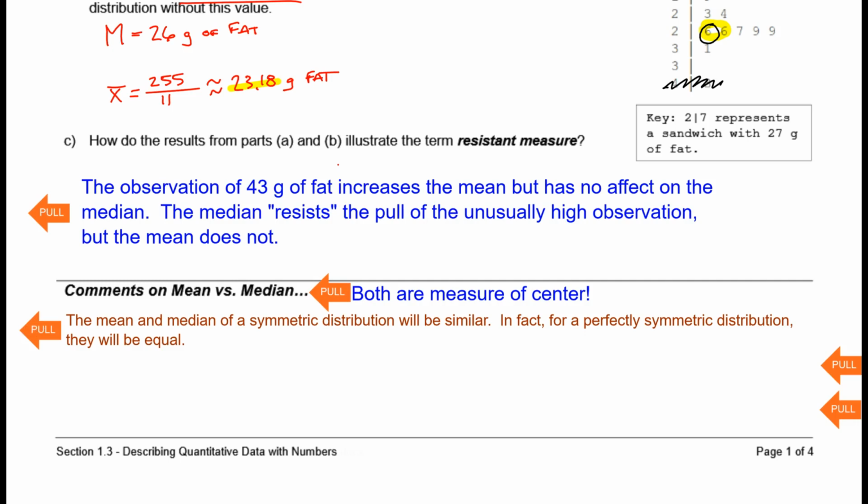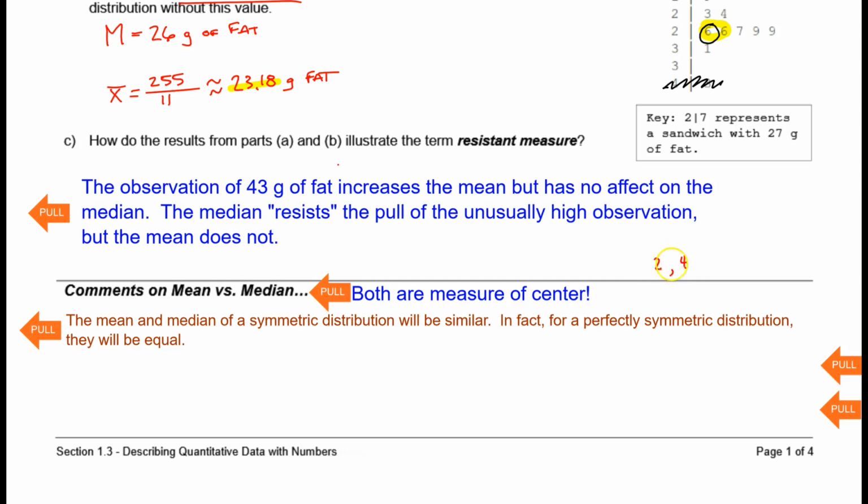So let's take a perfectly symmetric distribution. Like let's say I have two values in the distribution. Let's say I have 2 and 4. So those are my two observations. Well, the median of those would just be the middle of that because I have an even number of observations.